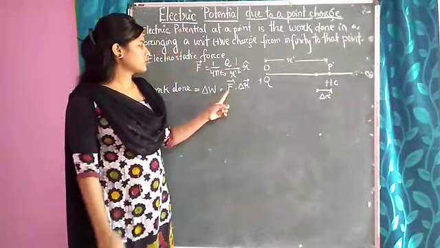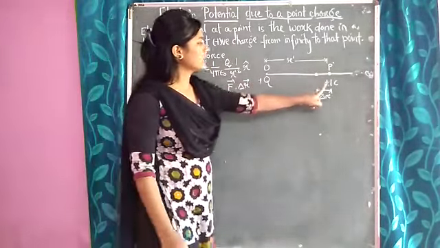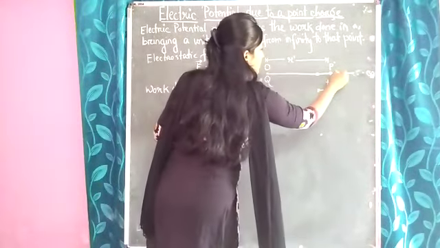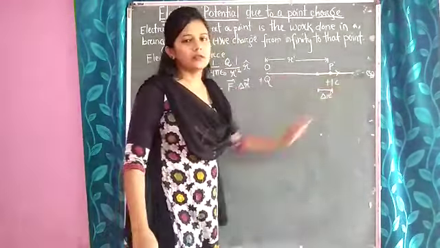Here the electrostatic force is positive, and this charge is also positive, so it will experience a repulsive force towards the east.